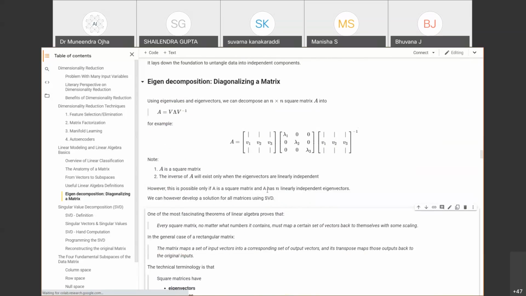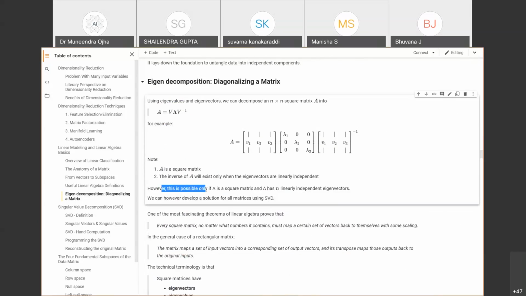So the dimension of this matrix A is n by n. It is a square matrix and n is the dimension. However big the matrix is, that many eigenvalues this matrix should have, and those eigenvalues should give linearly independent eigenvectors.